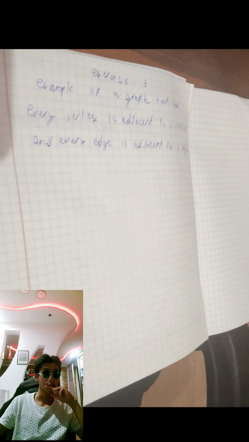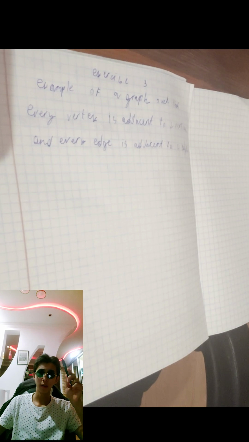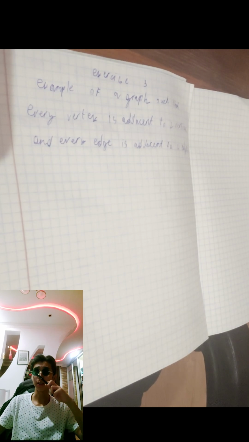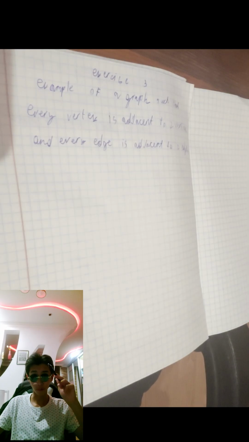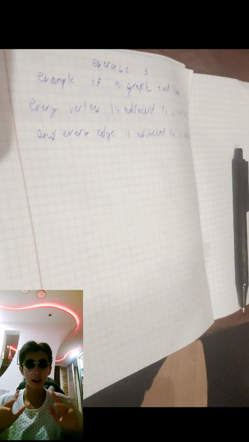But now we can explain it with K3. K3 is the graph that has three vertices, and every vertex is adjacent to two vertices and has two edges.